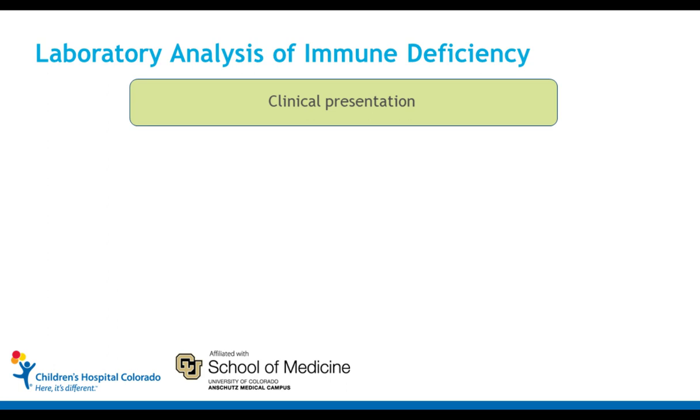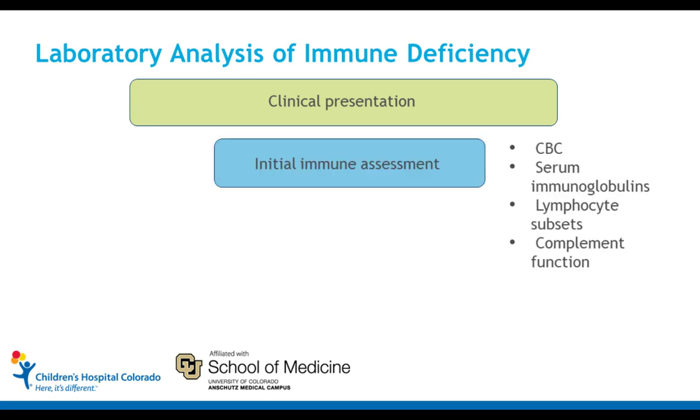Of course, laboratory analysis should be directed by the clinical presentation. And so it is important to take a good clinical history, including a family history. As I had mentioned previously, when the clinical presentation is very obvious, such as a baby boy presenting with very severe bacterial infections, it may guide the next step of laboratory diagnosis.